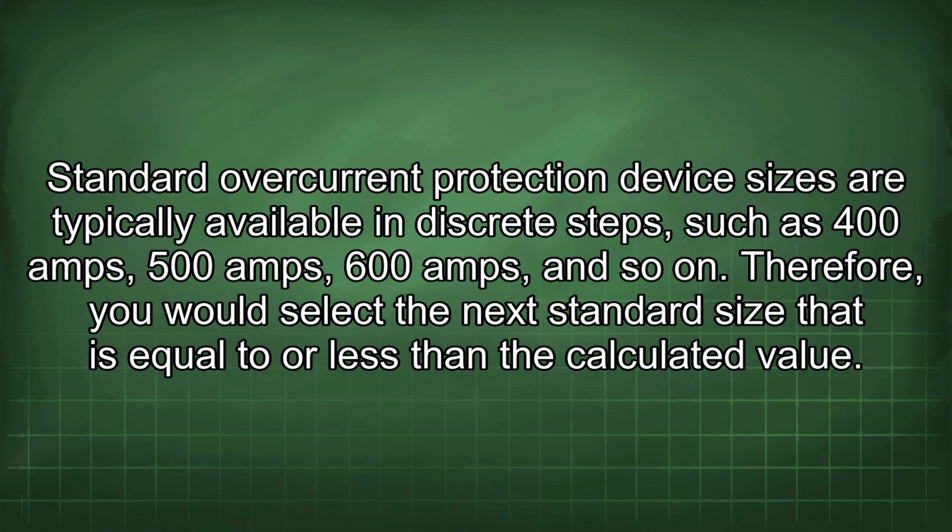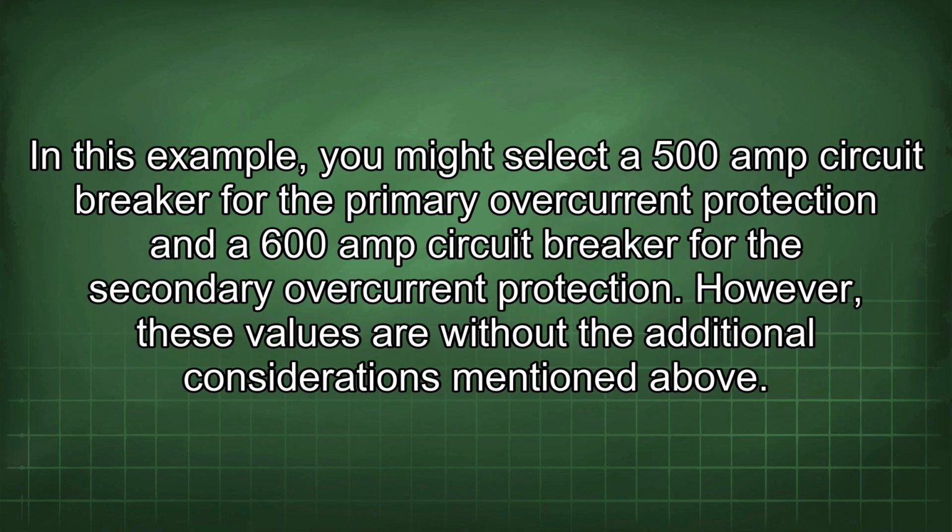Standard overcurrent protection device sizes are typically available in discrete steps, such as 400 amps, 500 amps, 600 amps, and so on. Therefore, you would select the next standard size that is equal to or less than the calculated value. In this example, you might select a 500 amp circuit breaker for the primary overcurrent protection and a 600 amp circuit breaker for the secondary overcurrent protection.